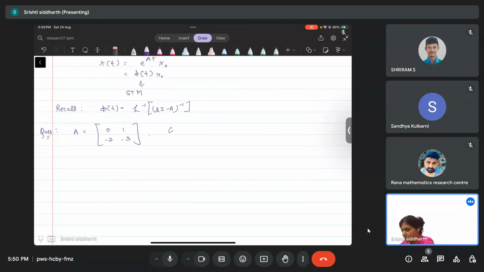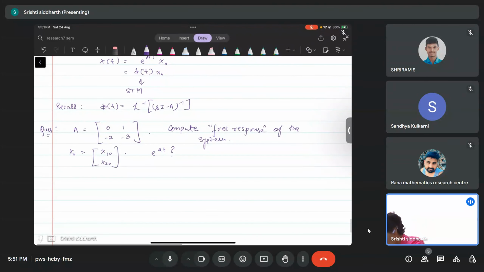The question is to compute the homogeneous solution or the free response. So let's assume that we have some x naught, x1 naught and x2 naught. What we need to find is e to the power At. Okay, so let's see. That is sI minus A.